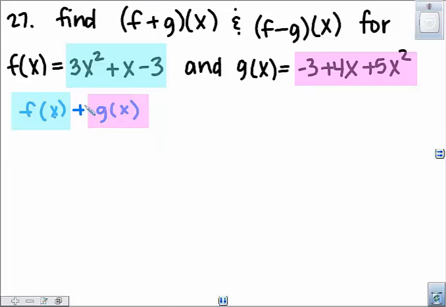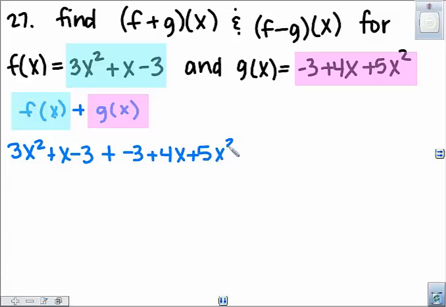So I'm going to write out all those terms. So f of x is 3x squared plus x minus 3 plus g of x, which is -3 plus 4x plus 5x squared. Combine like terms.